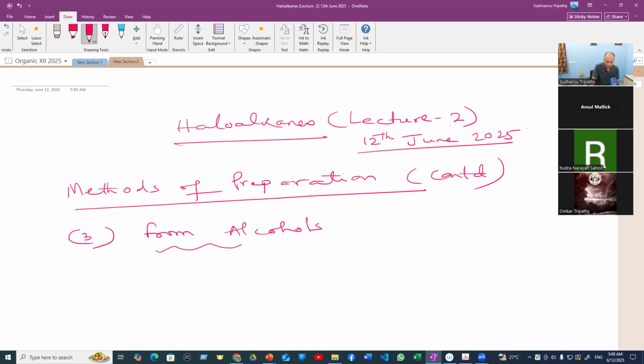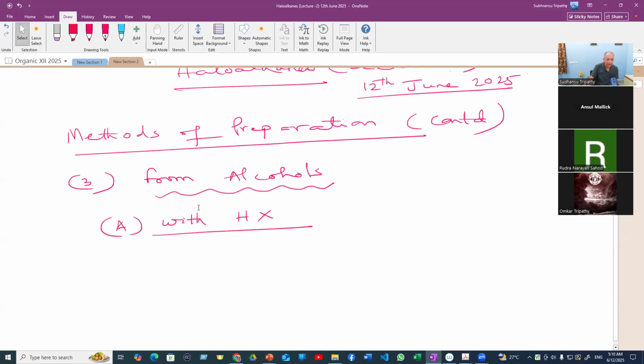From alcohols, we have again HX. Again you are giving acid because the halide ion is there. So here the reactivity order.